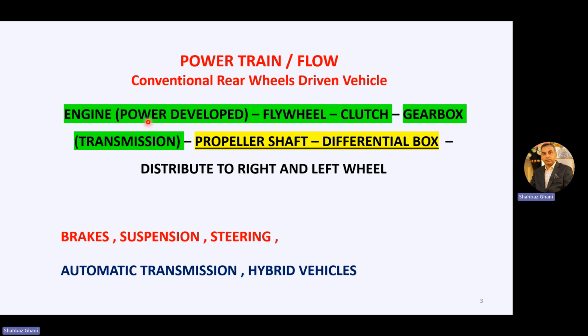We have studied the engine, power development in our IC engine course. Then we studied the flywheel and the clutch in our first lecture, then the gearbox in the second lecture. Now the third lecture is propeller shaft, CV joints or joints, and differential box. So this is our today's topic.